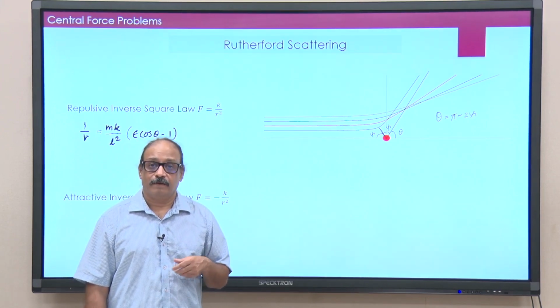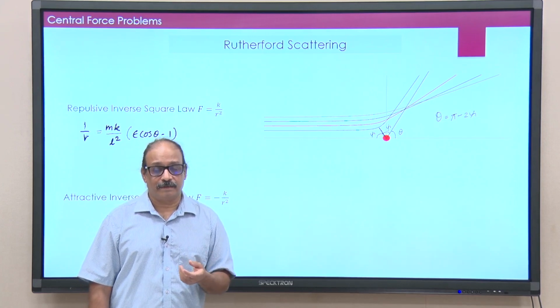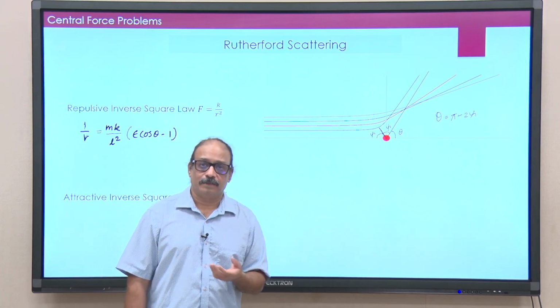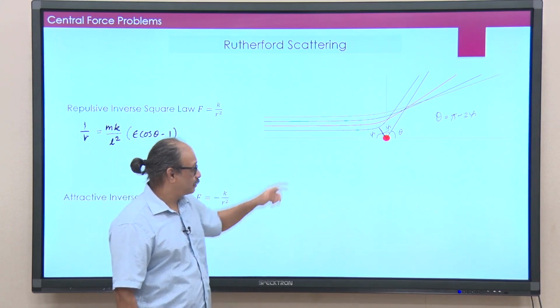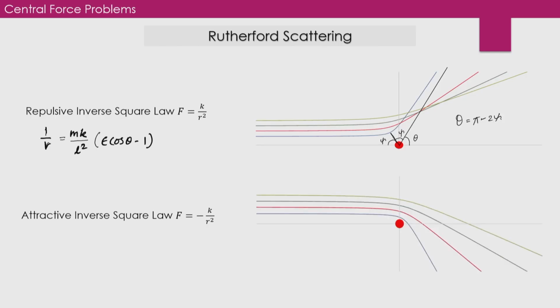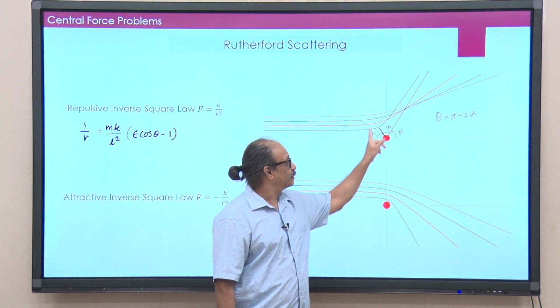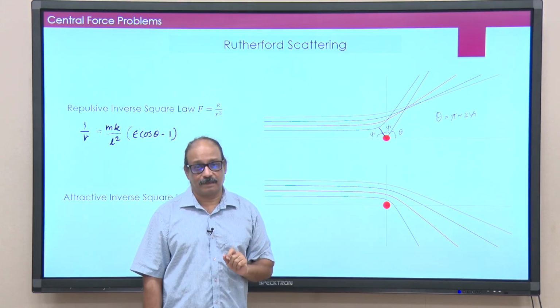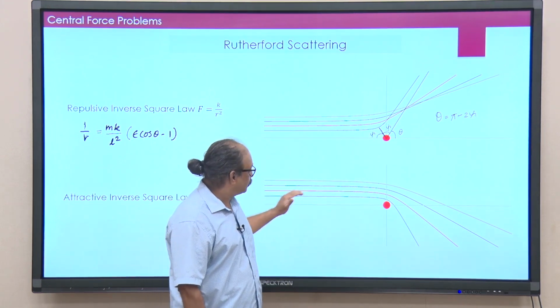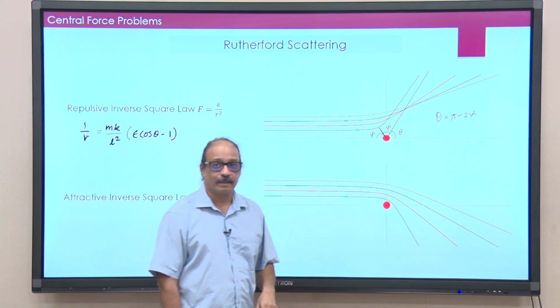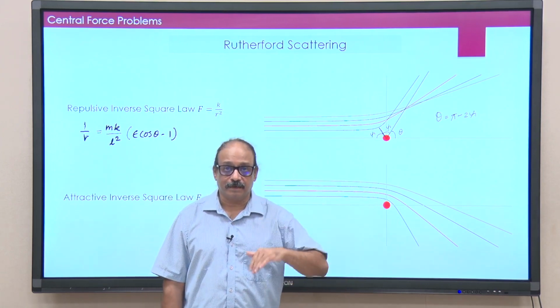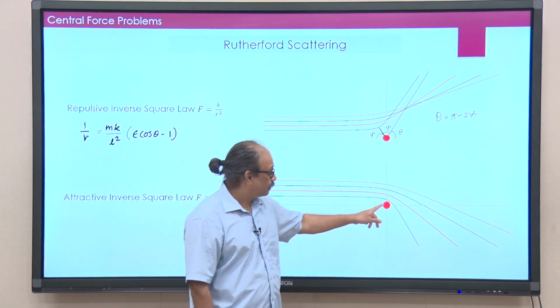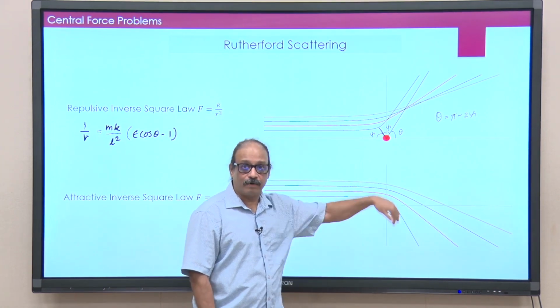The scattering trajectories are unbounded trajectories, basically hyperbolas just like this, but now the trajectories curve around the scatterer rather than getting scattered away from it. All these trajectories get deflected, but they go around the scatterer.